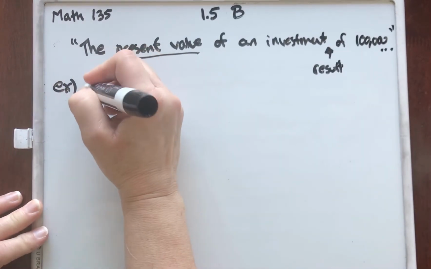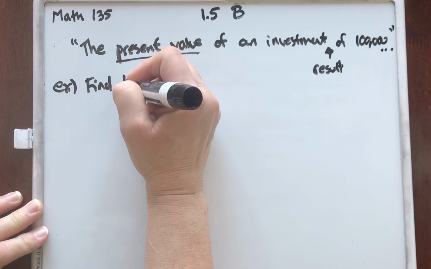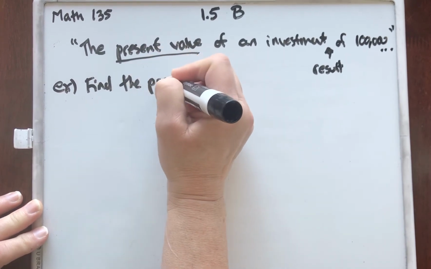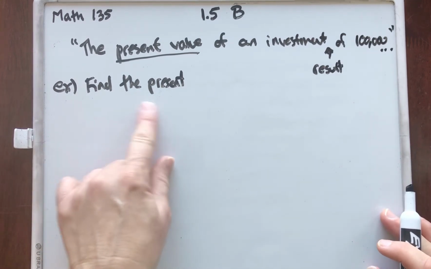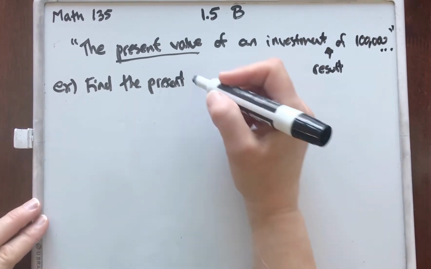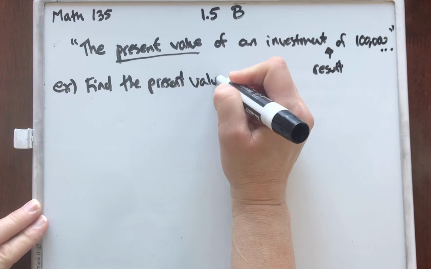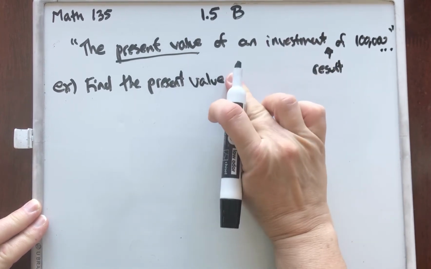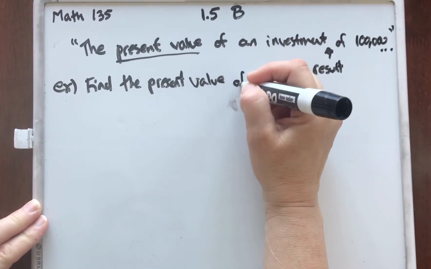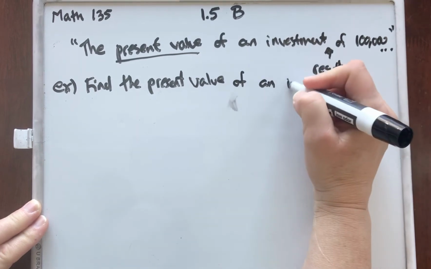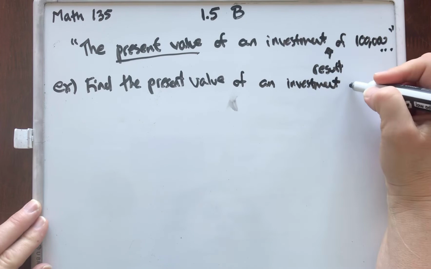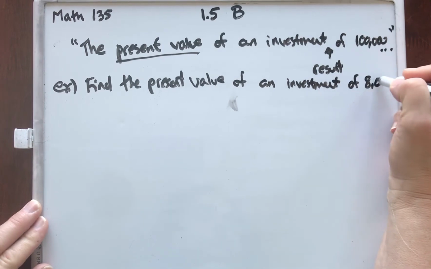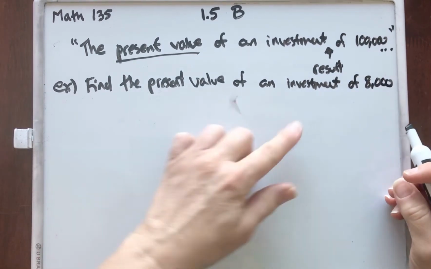Okay, so here's an example of the same type of problem. Find the present value. When you see this type of problem in your homework, I want you to understand what it's really asking for. Find the present value of an investment of $8,000. Again, it sounds like an investment.